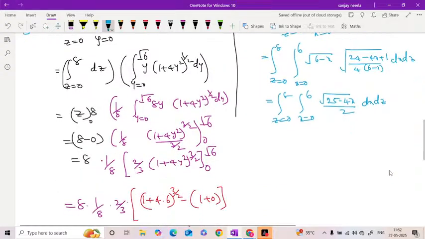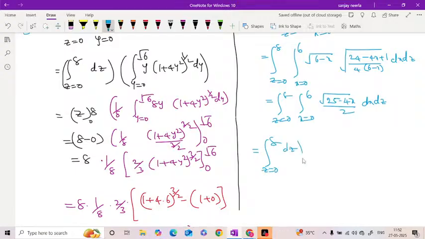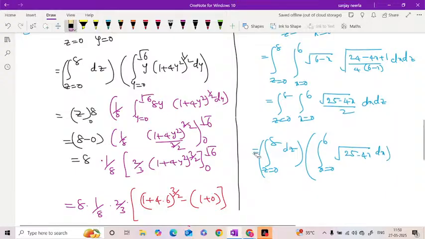Now this region is a rectangular region, so we can divide this double integral into single integrals. So z is equal to 0 to 8 into dz, first integration. Now the second one is x is equal to 0 to 6, under root of 25 minus 4x into dx, into 1 by 2.